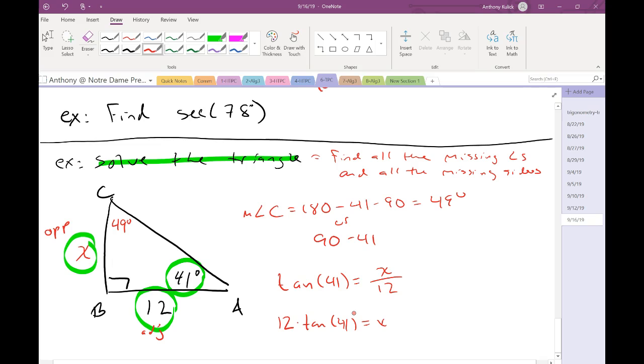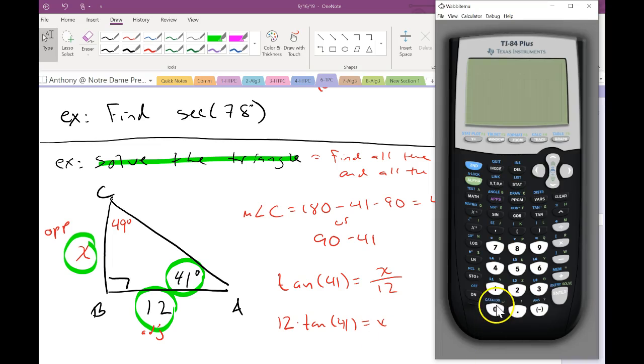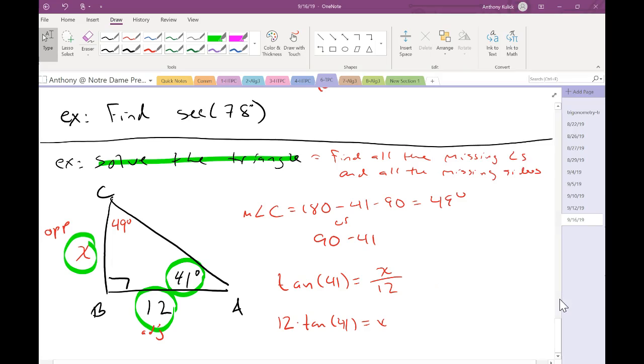And then I'm going to type that into my calculator. And I get approximately 10.431. I don't know how many decimal places. Let's round to 3, I guess.